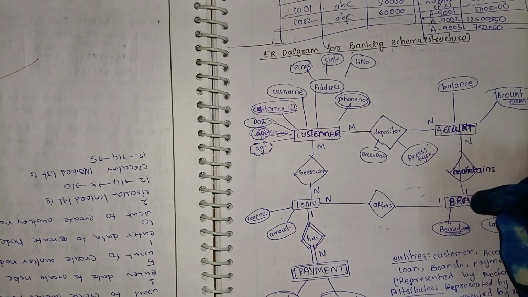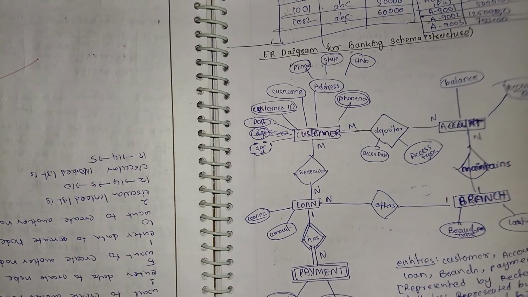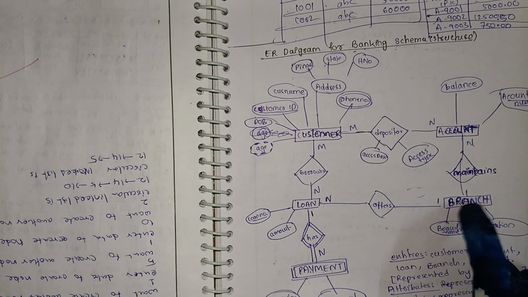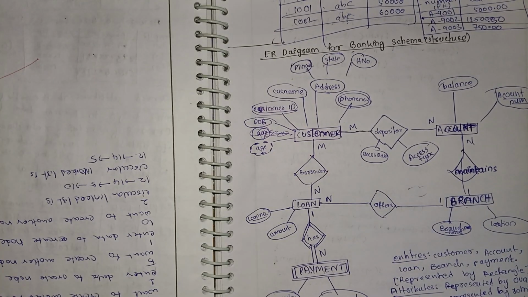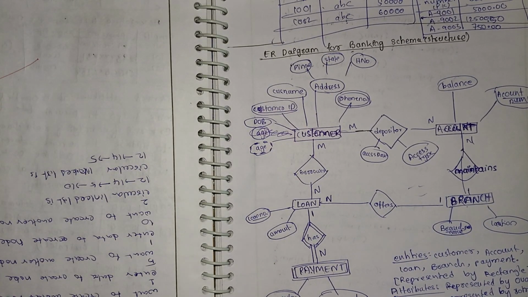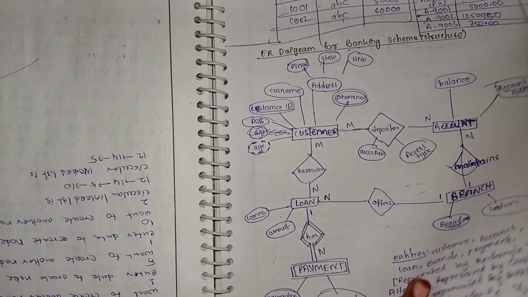We are reading from top to bottom. So the relationship from account to branch is many to one, or we can say the relationship between account and branch is many to one.